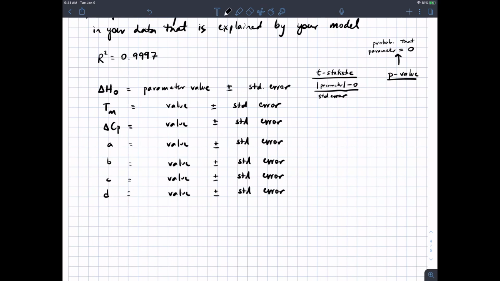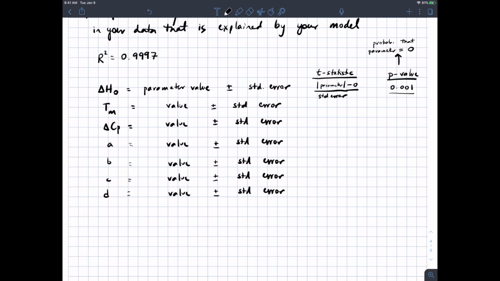And if the p-value is like 0.001, then we can reject that null hypothesis with a confidence of 99.9%. And in general, we're going to want our p-values to be around 0.001. Now, that's not what they do in social science, but in chemistry, that's what we look for.